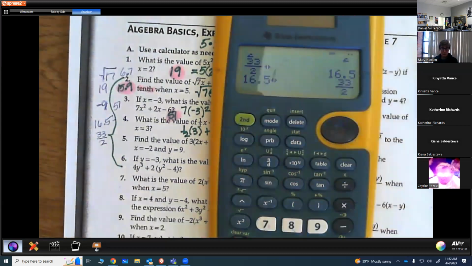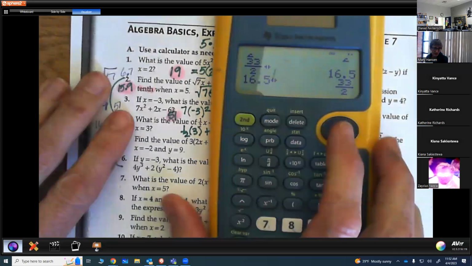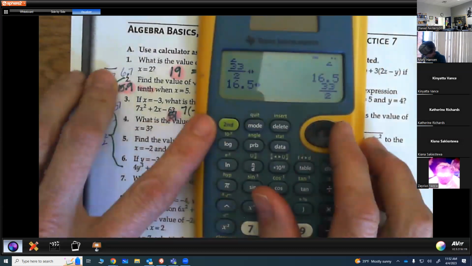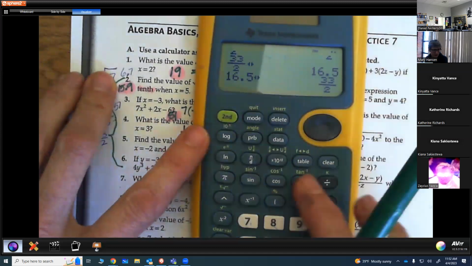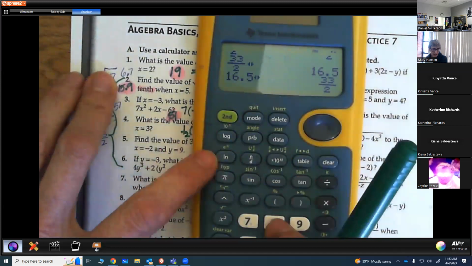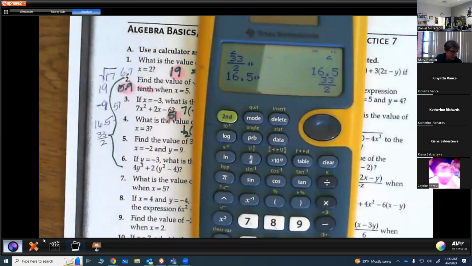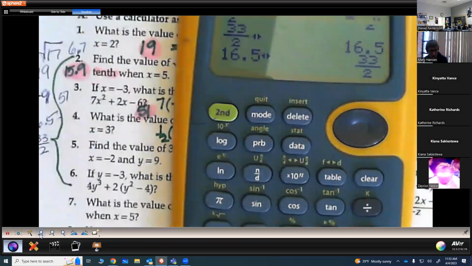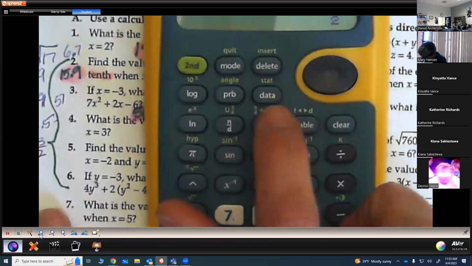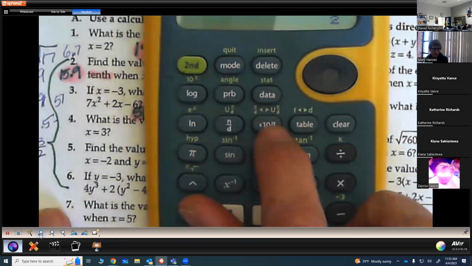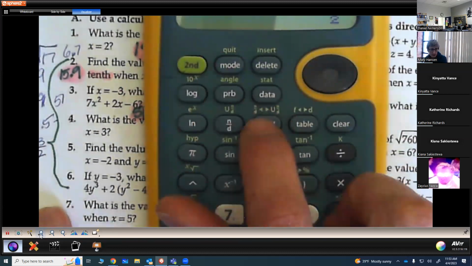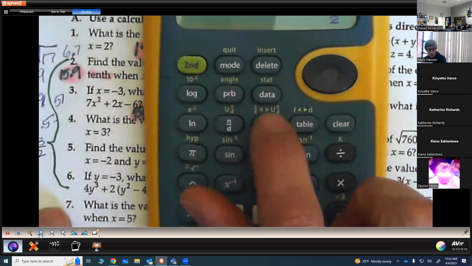Now, the other form this answer could be in would be 16 1/2 as a fraction. And I want to show you how to get that with the calculator. If you look at the 8 key, and then you go 3 keys above the 8 key, make this bigger. 3 keys above the 8 key is this, it says X 10 to the N, but you look above that in green, it says N/D fraction, double arrow, U N/D.